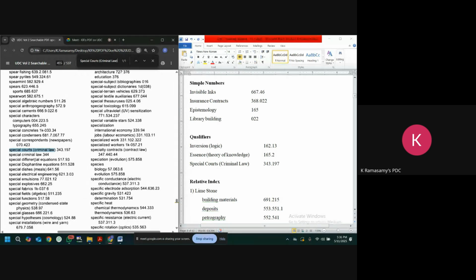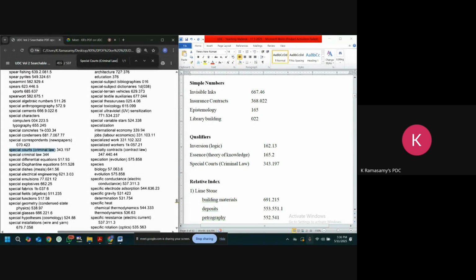You can see here, special codes within bracket, criminal law. What's the answer? 3-4. Why 3-4? 3 stands for social sciences, 3-4 stands for law, and 343.197 stands for special courts, criminal law. So based on the qualifiers, we can get exactly the number that you want. What is the context? You can find out through qualifiers.